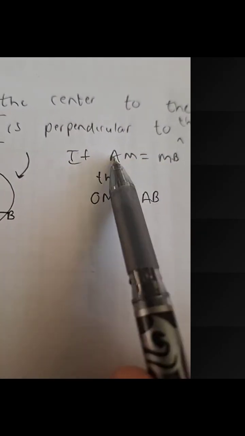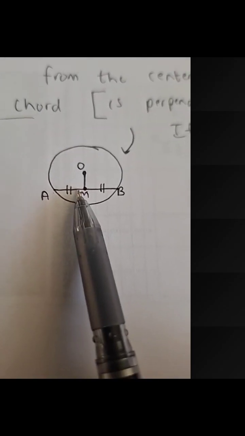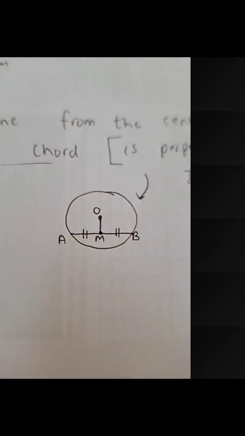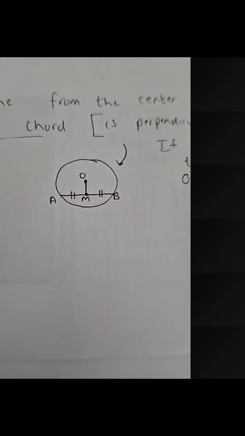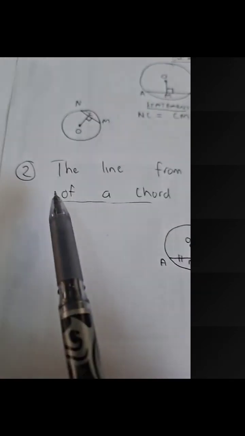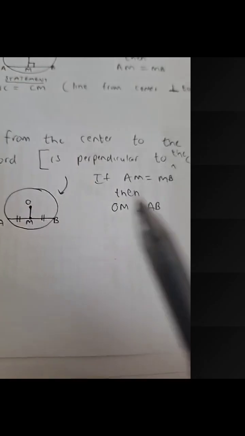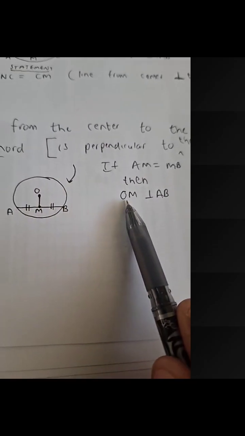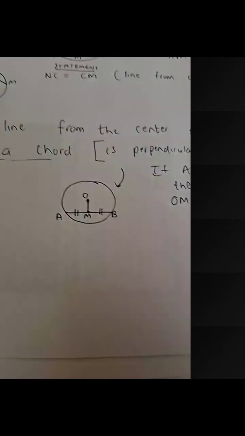I can see the if part, but I can't see the result in my diagram. So that is why, guys, even if you are given a diagram, you can see the if part of the diagram. When you know the statement of each theorem, you know the result of each statement, then you should be able to write the right thing and then state the reason.